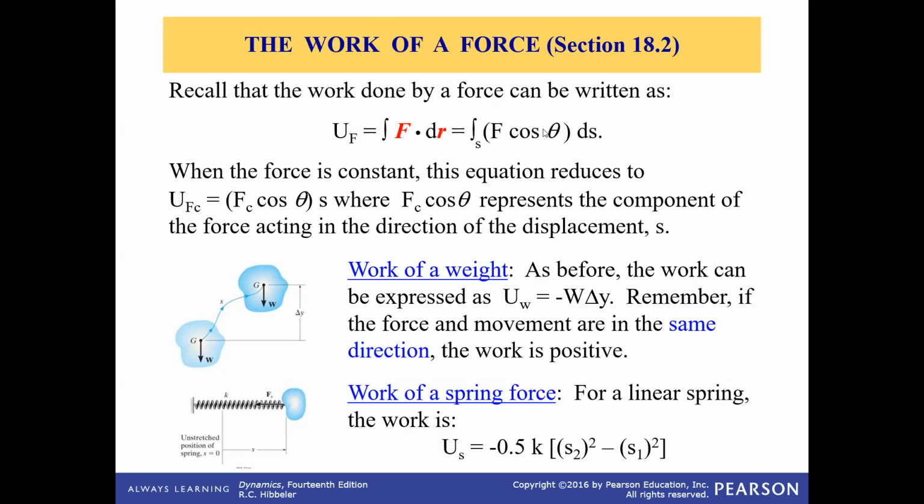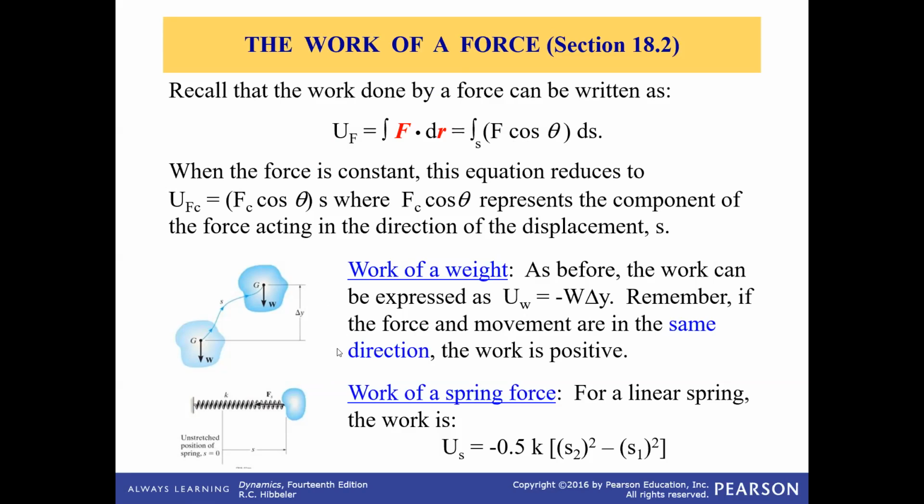We take the cosine of the angle theta between the force and dr, because only the component of the force in the direction of the displacement does work. The component of force perpendicular to the displacement does zero work. That's where the cosine theta term comes from.